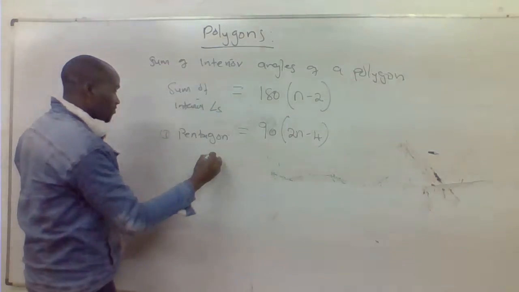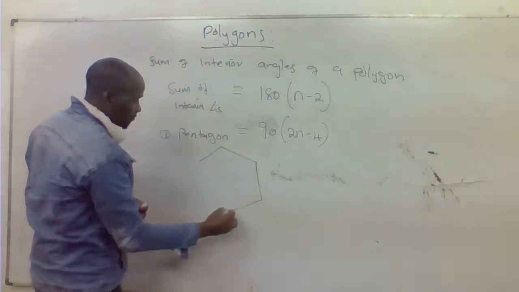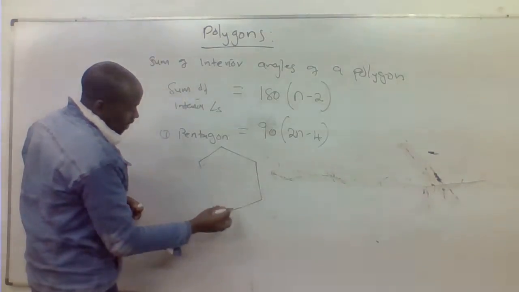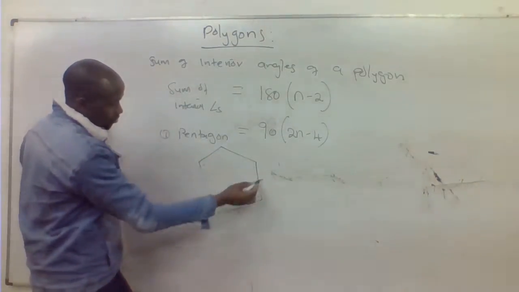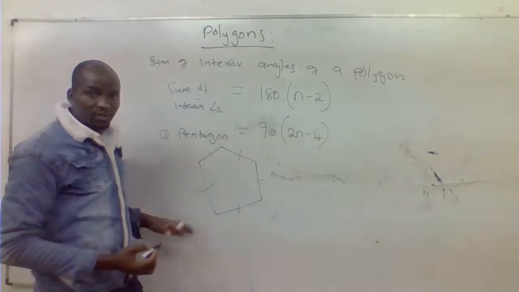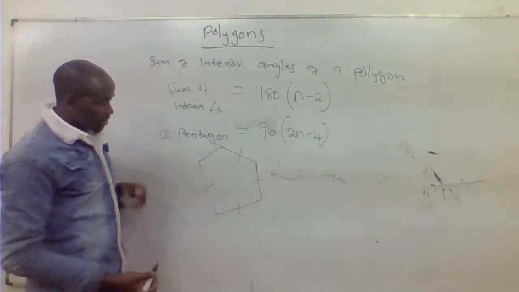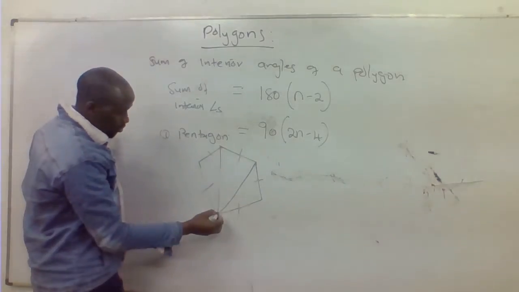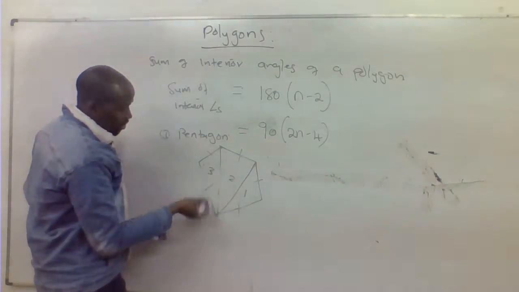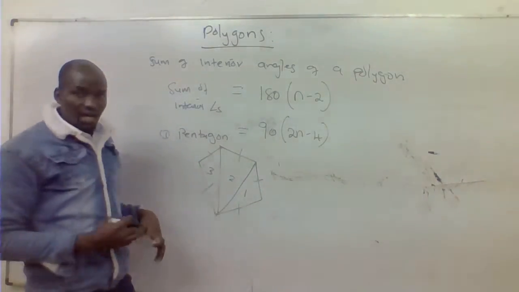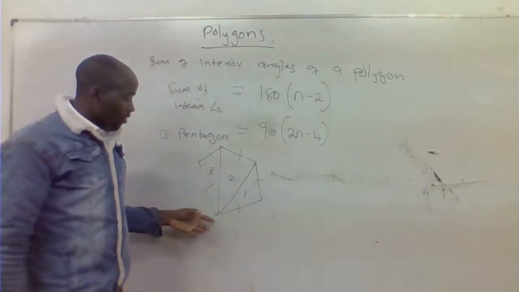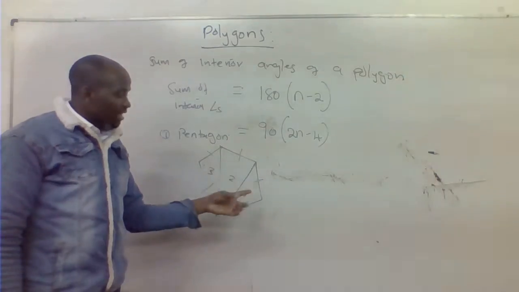So a pentagon, we have 1, 2, 3, 4, 5. How many triangles can be found in this given figure? So we have 1, 2, 3. These are the number of triangles. So if I want to get the sum of interior angles of a pentagon, I will multiply 180 times what?